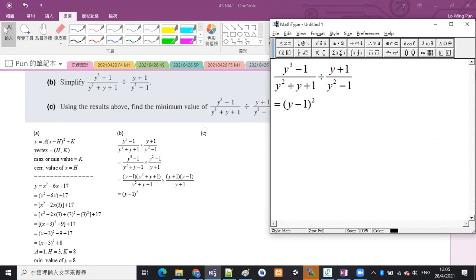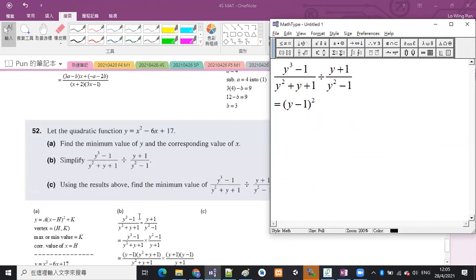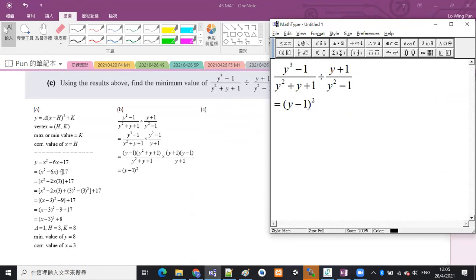We change the y to be this: x minus 3 square plus 8, minus 1 square.